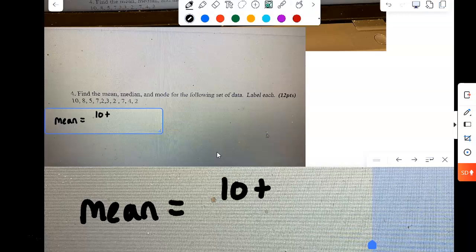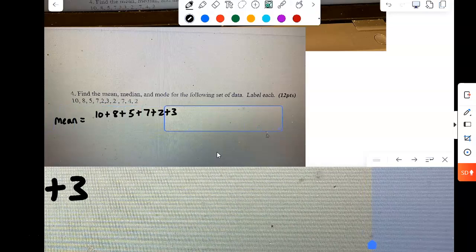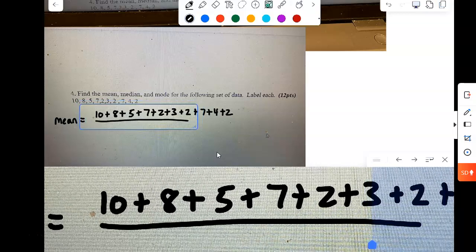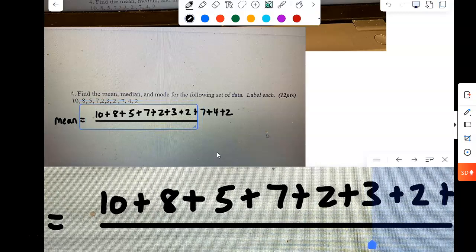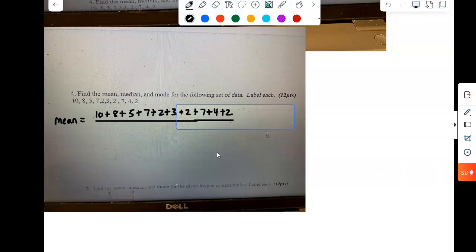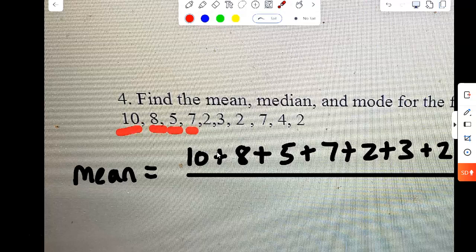So 10 plus 8 plus 5 plus 7 plus 2 plus 3 plus 2 plus 7 plus 4 plus 2, and then divide by how many things we have. Real quick, we have 1, 2, 3, 4, 5, 6, 7, 8, 9, 10 things. We take that total and we divide by 10.